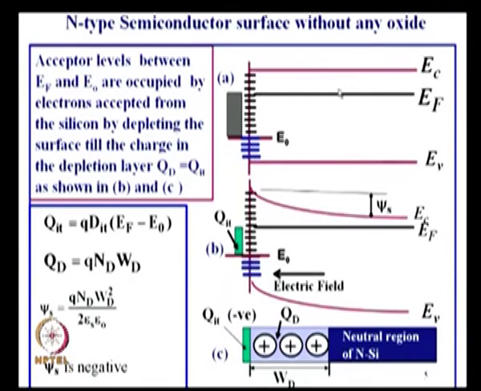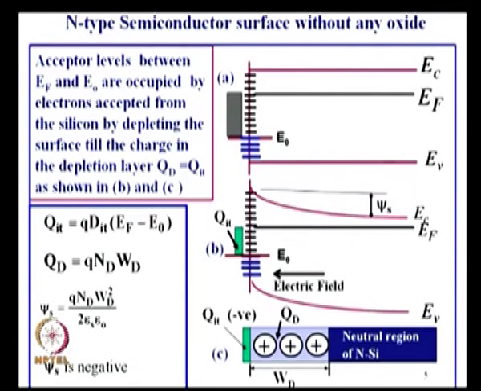Electrons have been donated. That means the Fermi level will be farther away from this point. Two points here: the Fermi level is decided by the doping concentration. Here, the difference between the conduction band and Fermi level depends upon how much band bending has taken place. It is less n type here. You can think about that. Less n type means the distance between these two will be larger.